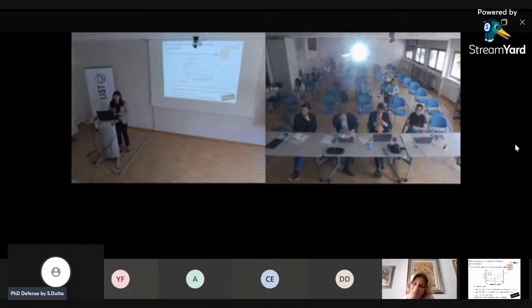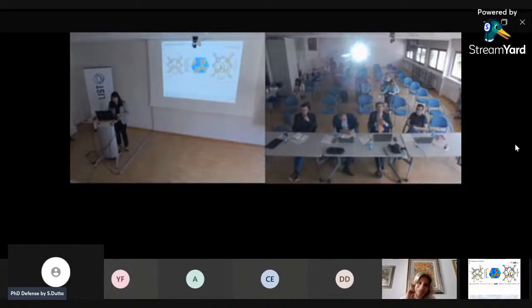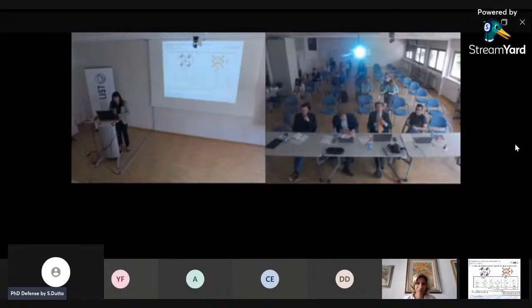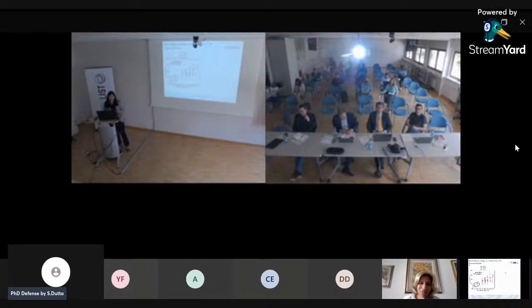We have considered several arrangements of the dopants, and if you look at the energy range, for example, we can see this huge dispersion among the configurations.